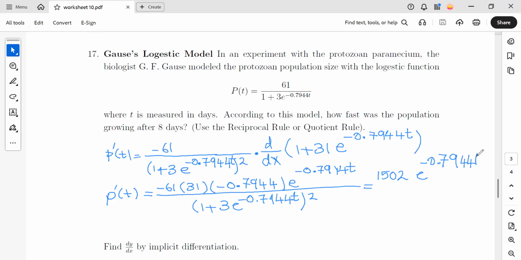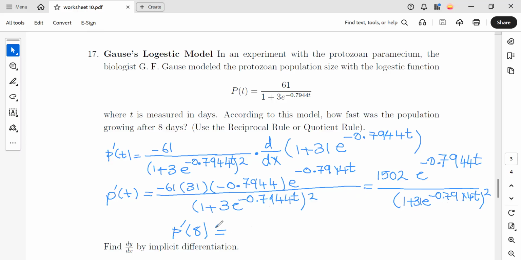0.7944 t all over 1 plus 31 e to the power negative 0.7944 t to the power 2. Now we would replace 8 for t.